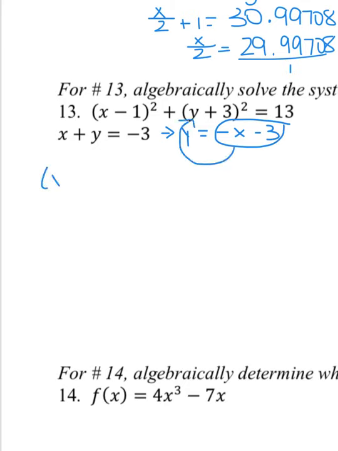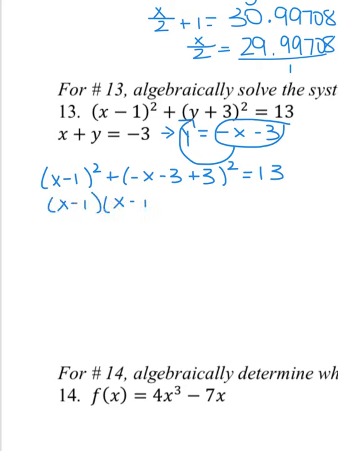So I have x minus 1 squared plus negative x minus 3 plus 3 squared equals 13. So then this is x minus 1 times x minus 1 plus negative x minus 3 plus 3 is just negative x squared equals 13.